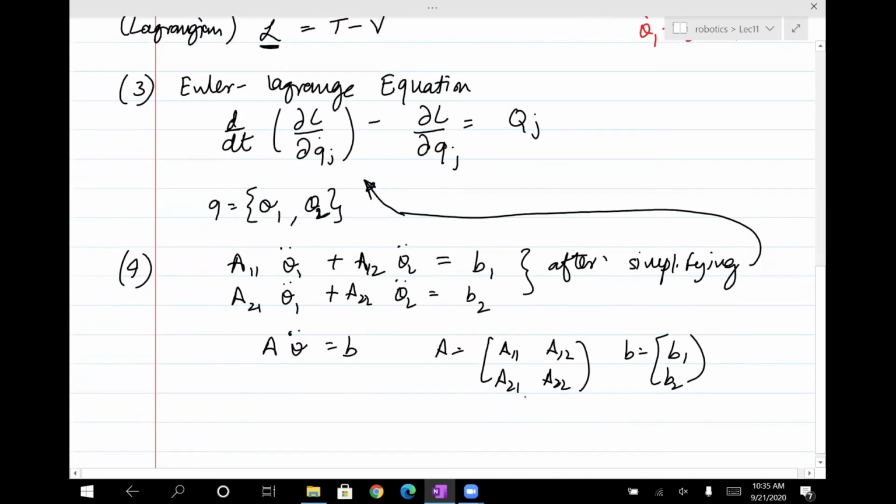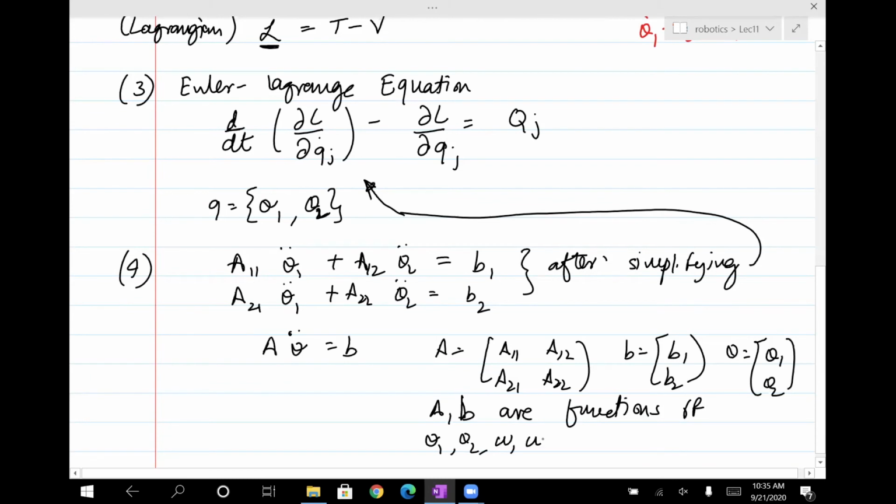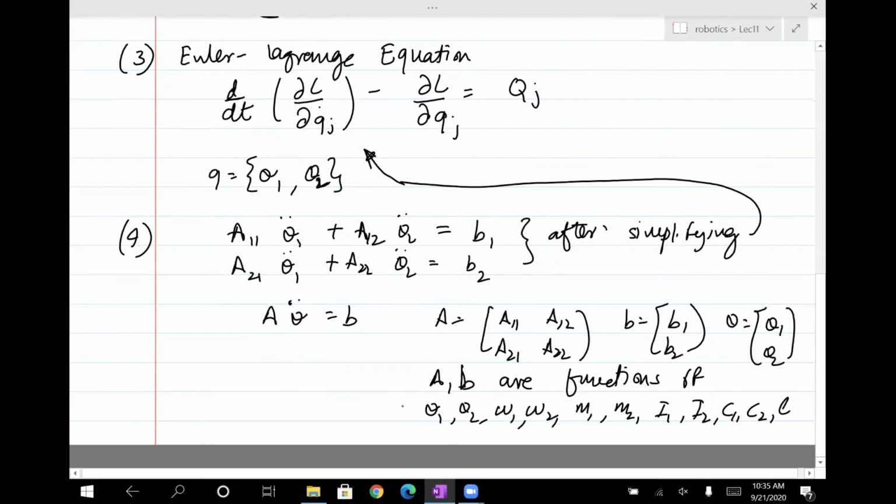These a's are functions of theta 1, theta 2, and the a's and b's are functions of theta 1, theta 2, omega 1, omega 2, m1, m2, I1, I2, C1, C2, L, and gravity. Again, it's pretty complex. You don't really have to know the form. All you need to do is simplify it in this form.